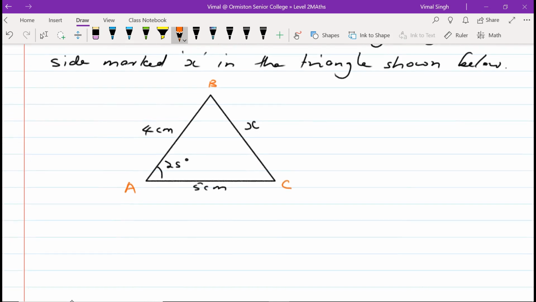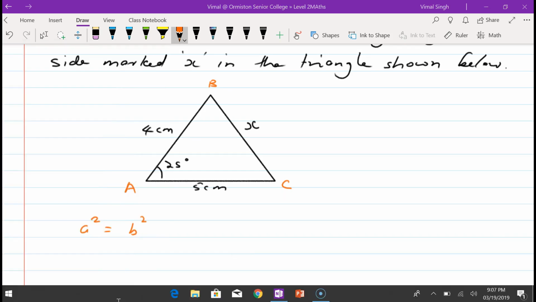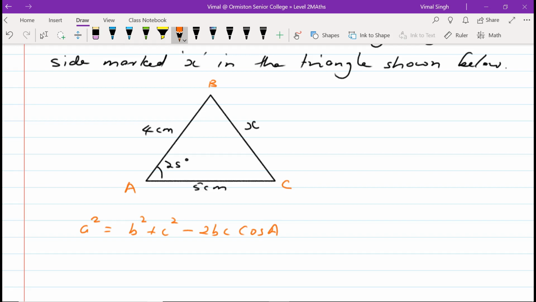Now you will notice that the angle given here is bounded by the two sides that are given, and the side that I'm looking to calculate is opposite to the angle there. So we'll use the formula a squared is equal to b squared plus c squared minus 2bc cos of angle A. If I substitute the values, that will become x squared is equal to 5 squared, because b is 5, and c is equal to 4, and a is equal to x.